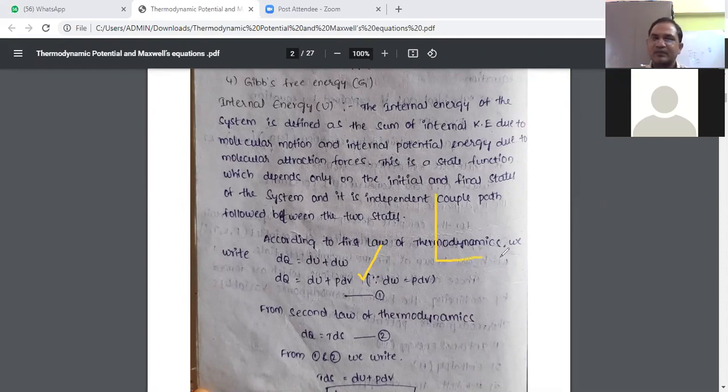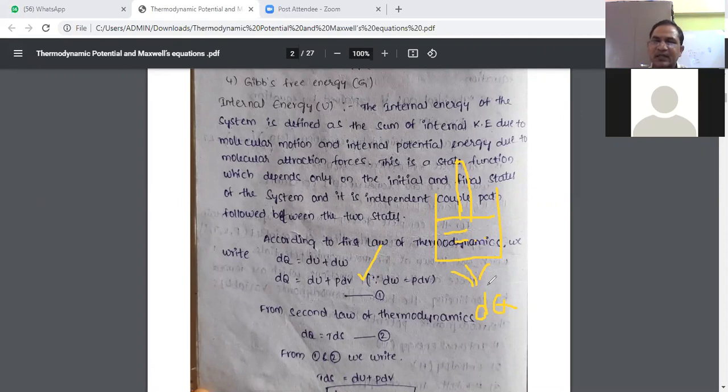For example, I'm explaining by means of the figure. This is a cylinder with a piston. In this, we have taken some ideal gas. From outside, I'm heating. I'm giving some heat energy dq to the gaseous system inside the cylinder.